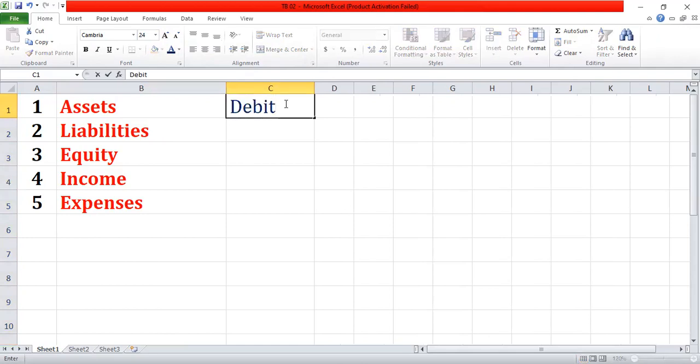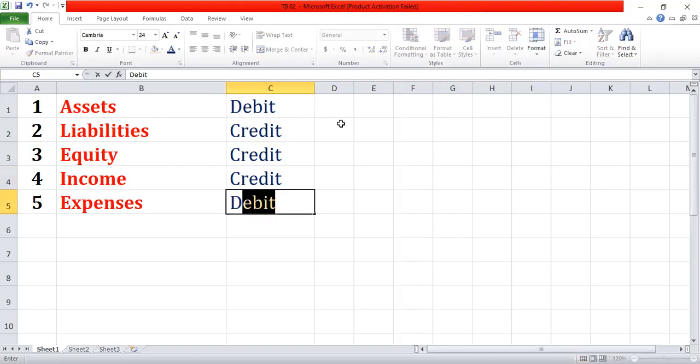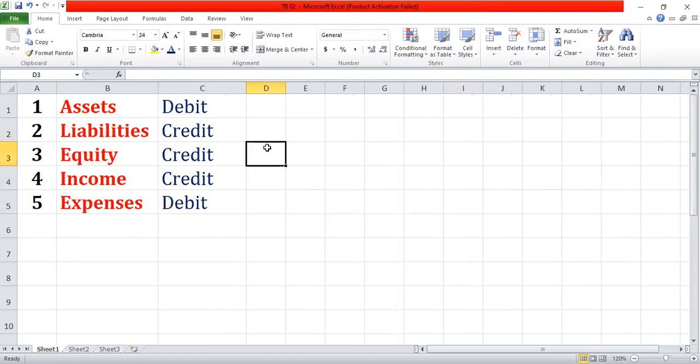Liabilities, normal balance is found on the credit side. Equity, normal balance is found on the credit side. Income as well, the normal balance is found on the credit side, but expenses on the debit side. Now, these are the normal balances of these types of ledger accounts.